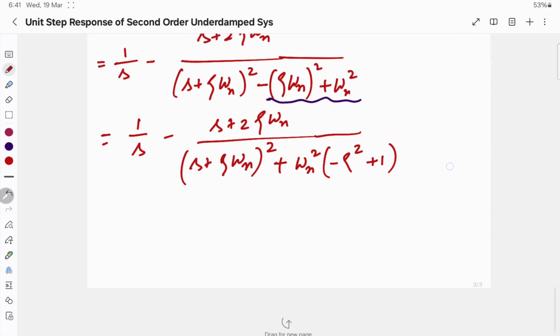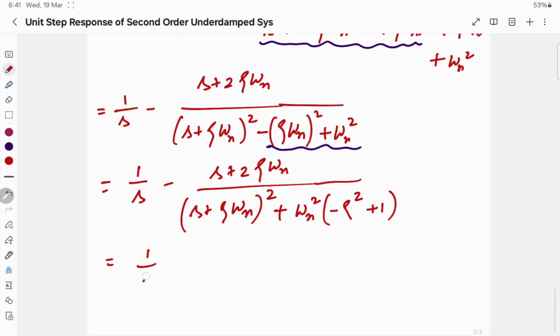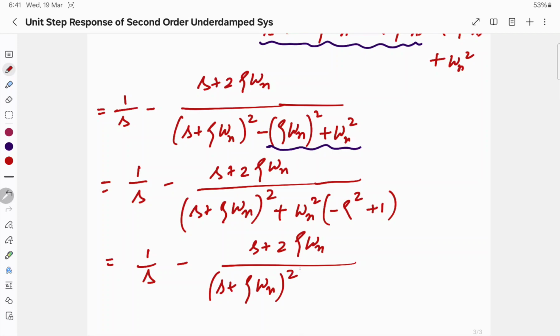Okay, what I am going to do is 1 by s minus (s plus 2 zeta omega n) divided by (s plus zeta omega n) square plus omega n square. Can I write this as 1 minus zeta square?